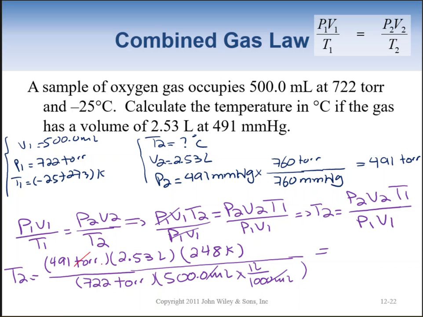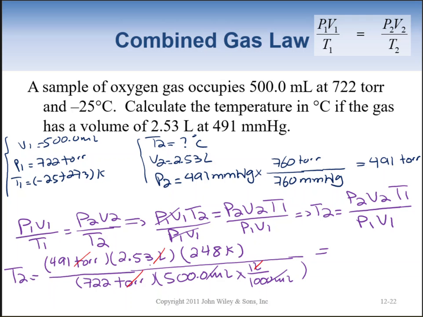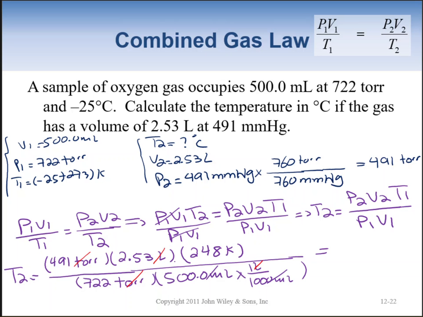And now torr and torr cancel out, liter and liter cancel out. And we're going to end up with Kelvin, which is a unit of temperature. So the answer is 853 Kelvin. Now we want the temperature in Celsius.